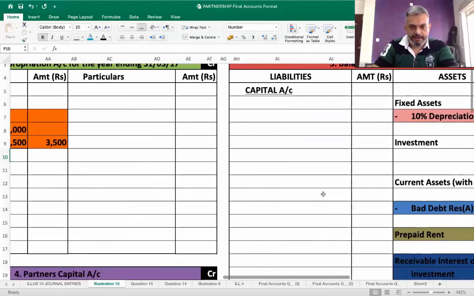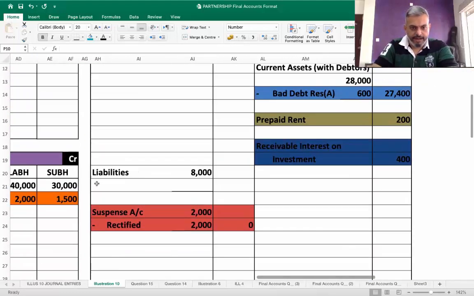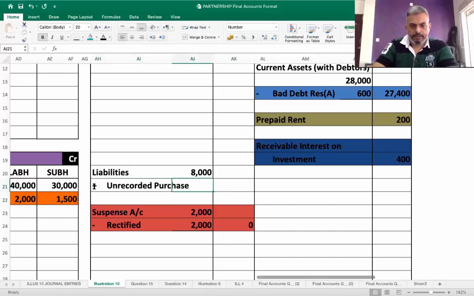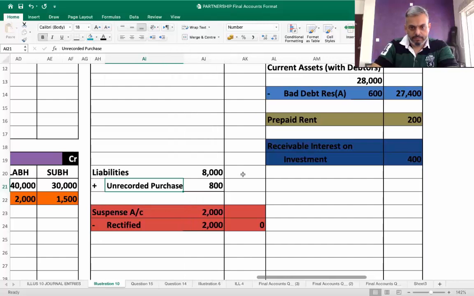And second effect, liabilities we add plus unrecorded purchase 800, 8800.